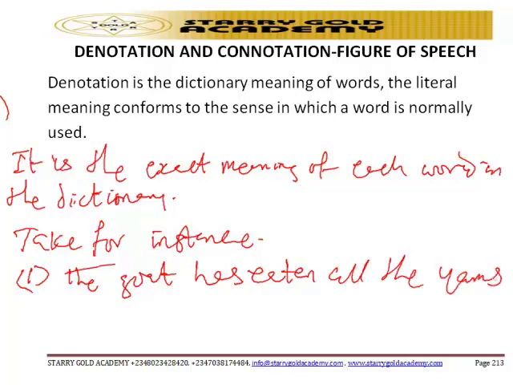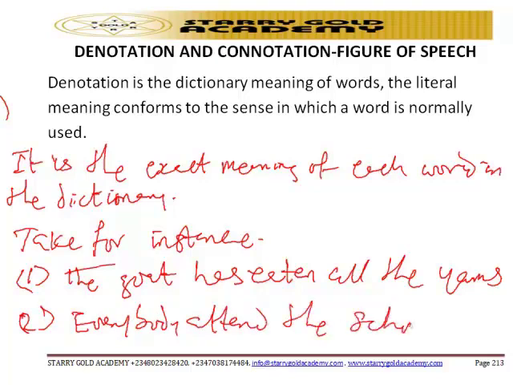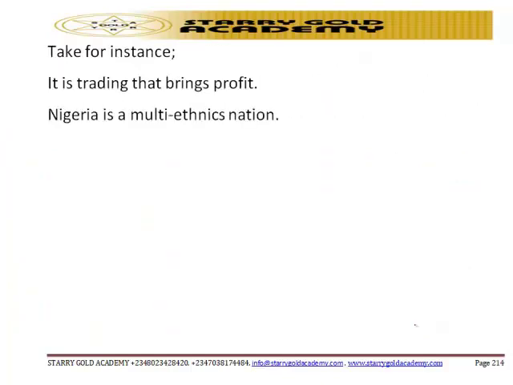You can see this is literary meaning, exact meaning. The next one, number two, everybody attends the school. This one is also dictionary meaning. So we have a lot of them, but for the sake of time, we need to move forward.